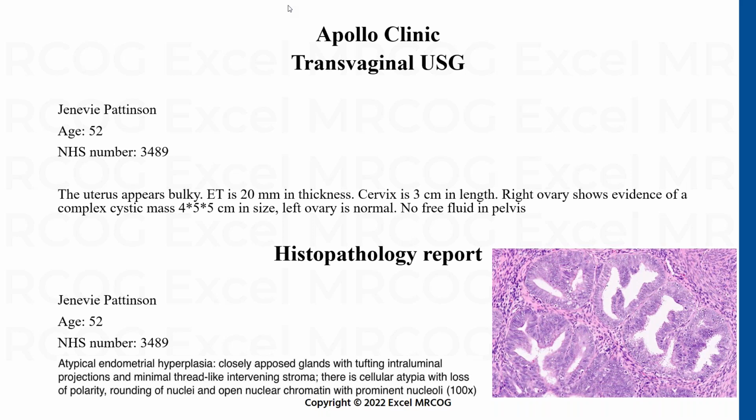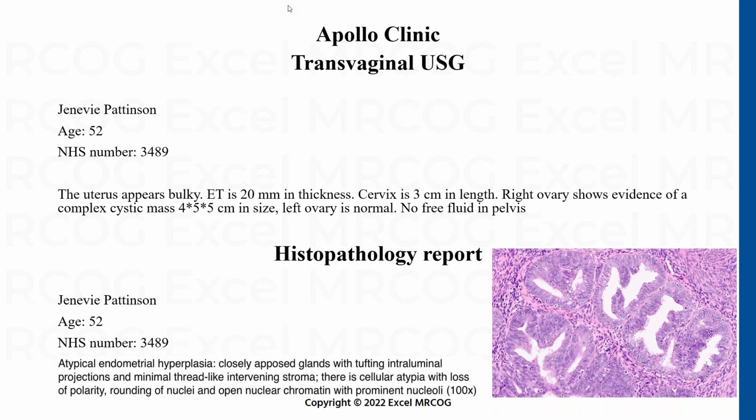I would offer her counseling and then the management. I would explain to her the risk of progression of atypical endometrial hyperplasia to endometrial cancer, which is about 25%.